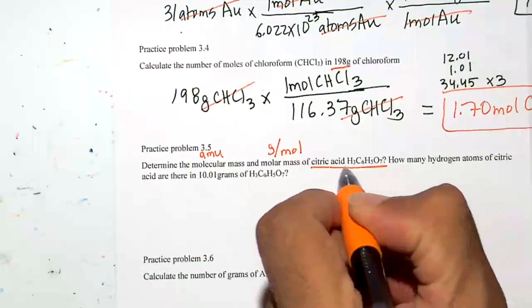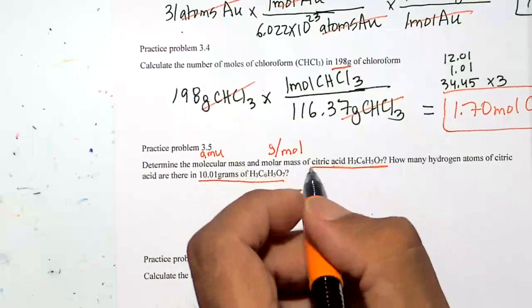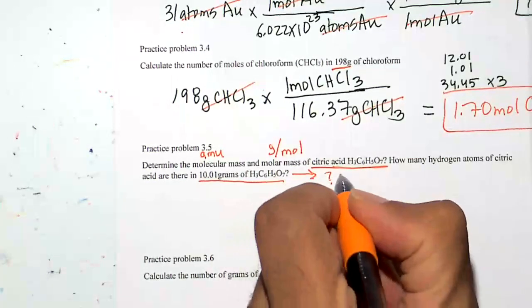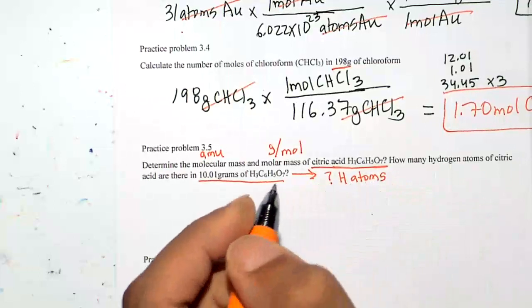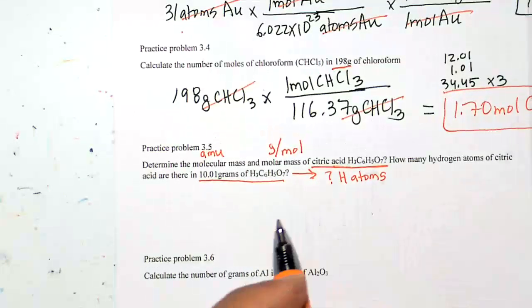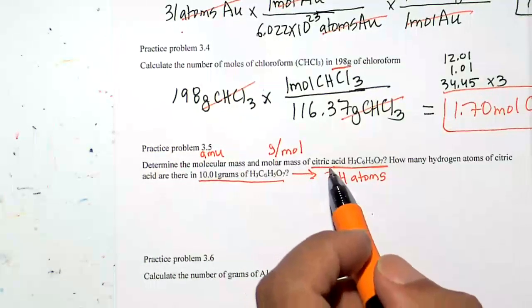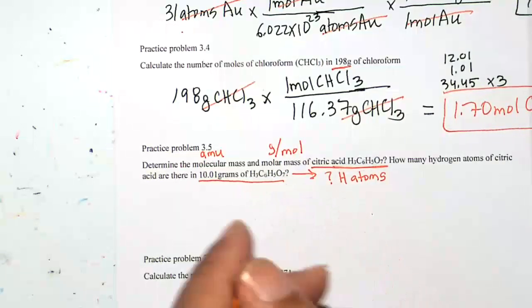So we have citric acid here, and we have 10.01 grams of citric acid, and it's asking for, in that 10.01 grams, how many hydrogen atoms? That's crazy. I gave you 10 grams of this powder, and it's asking you how many hydrogen atoms are in that powder.